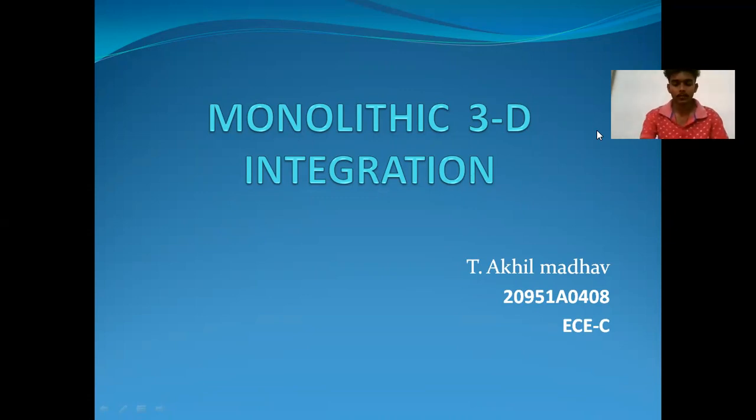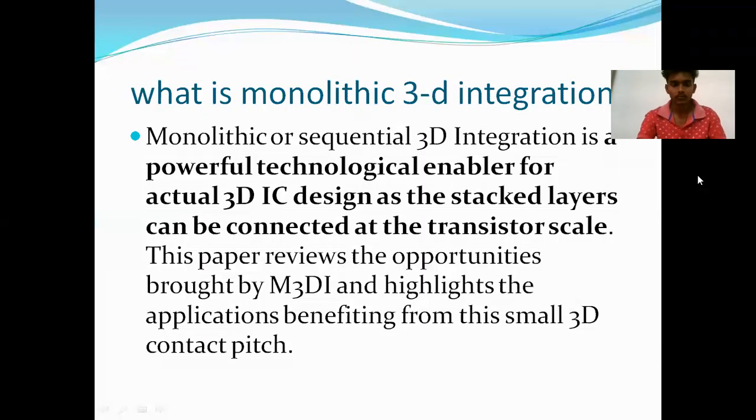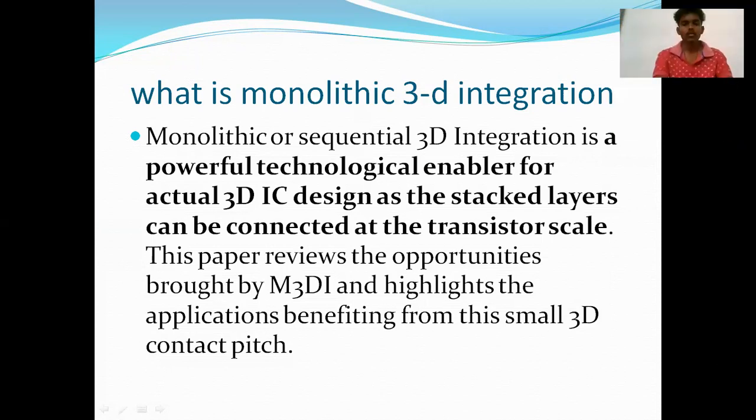Coming to the topic: what is monolithic 3D integration? Monolithic or sequential 3D integration is a powerful technology that enables actual 3D IC design, as stacked layers can be connected at the transistor scale.